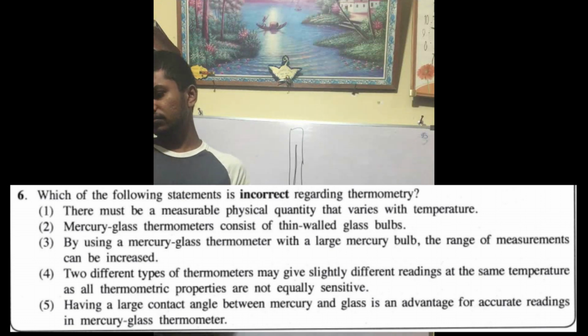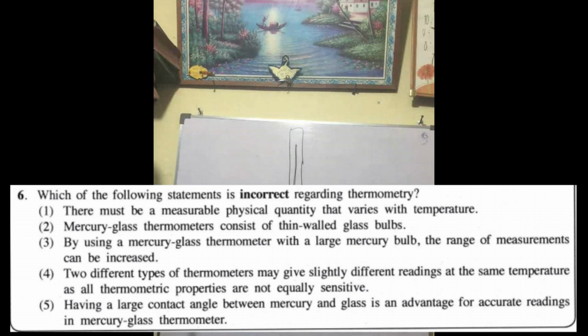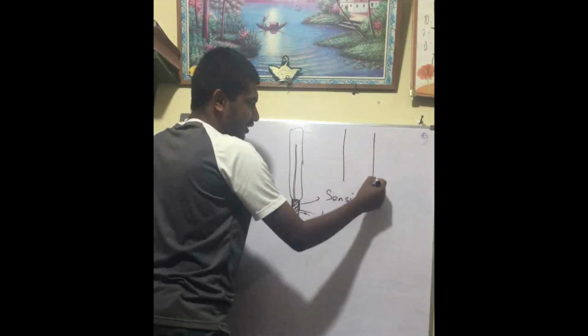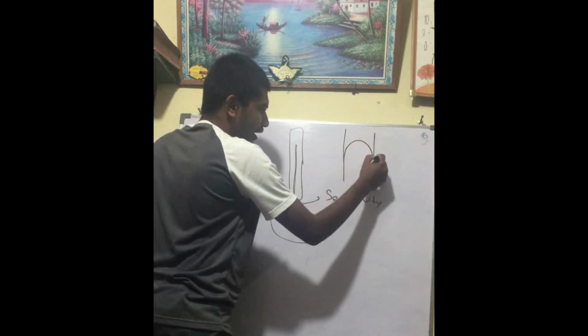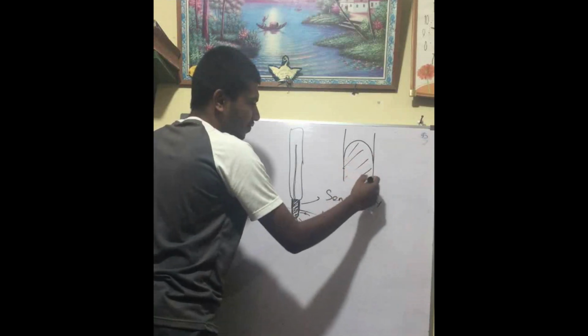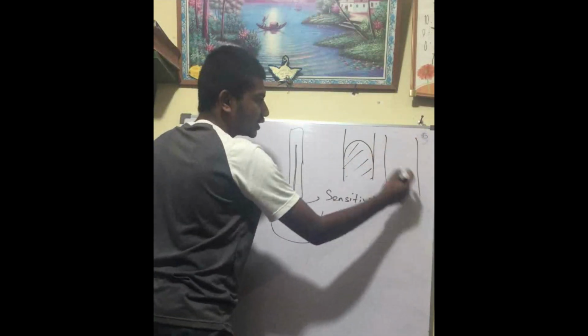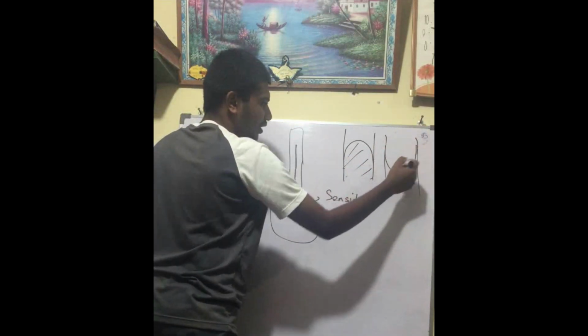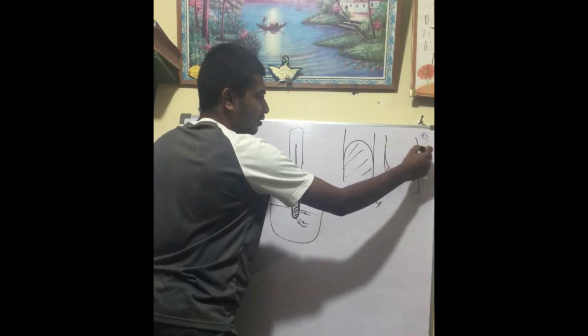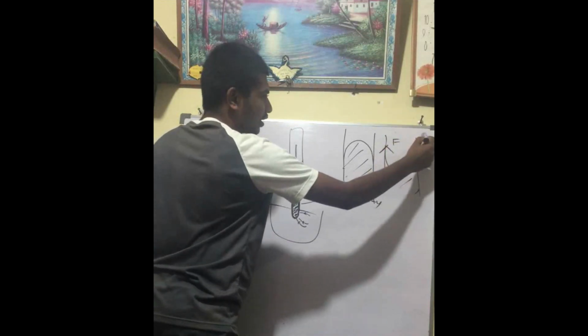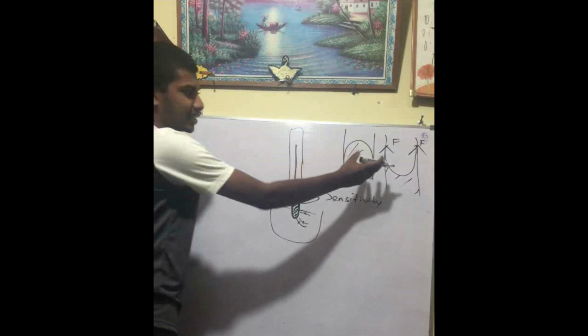And the next one is, having a large contact angle between mercury and glass is an advantage for accurate reading in mercury. Yes, that is correct, because mercury doesn't stick with the glass, right? So it will stay like this, right? Water, you know, water sticks with the glass, so it will have a force upward, so the water will stick with the glass.